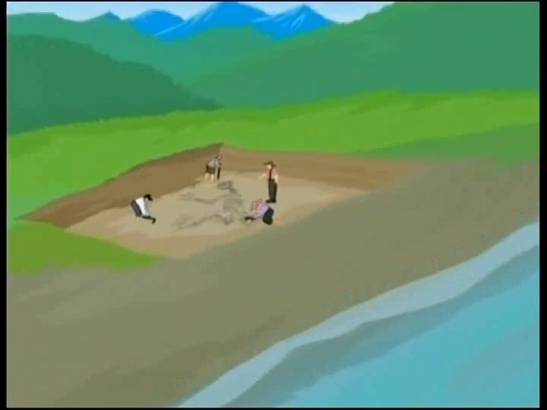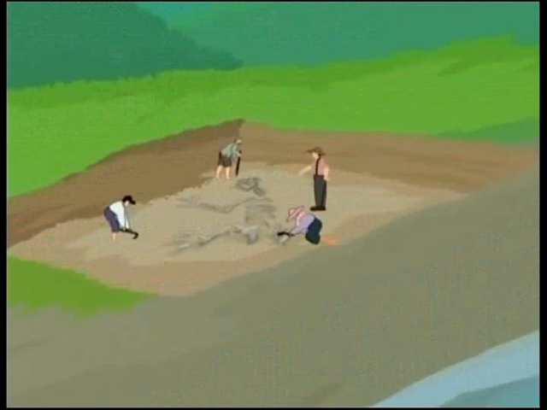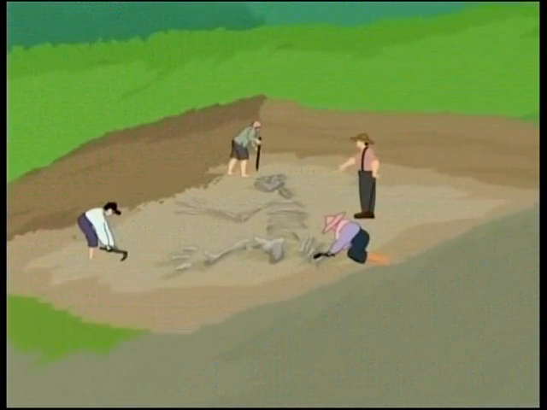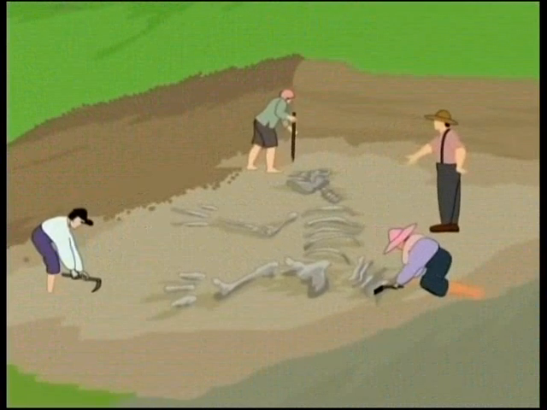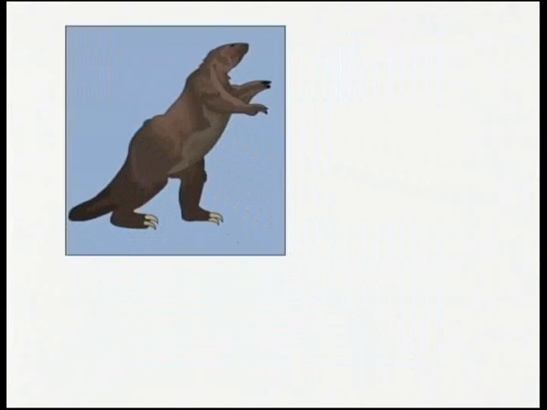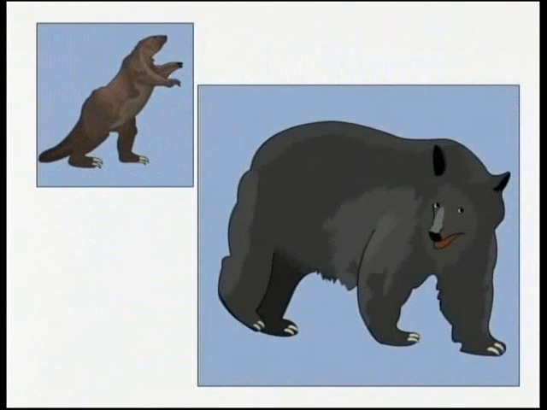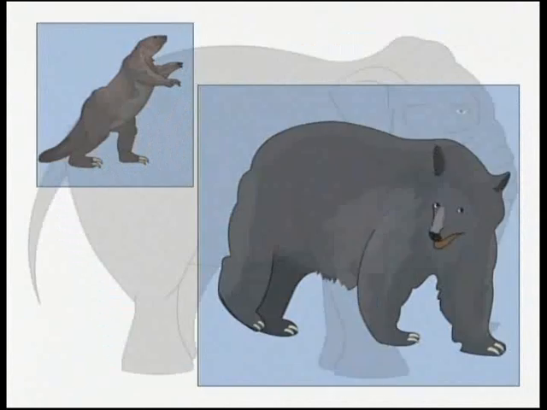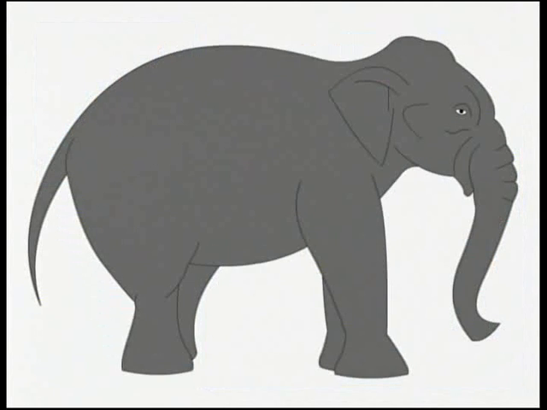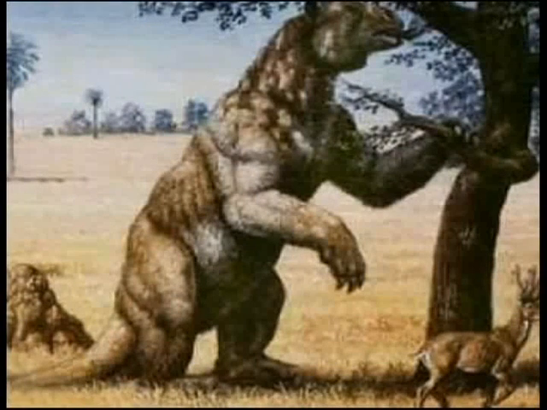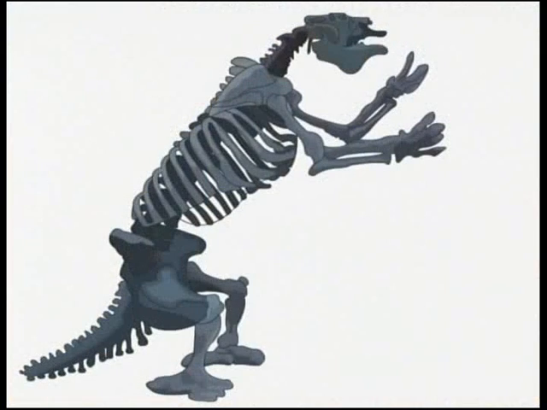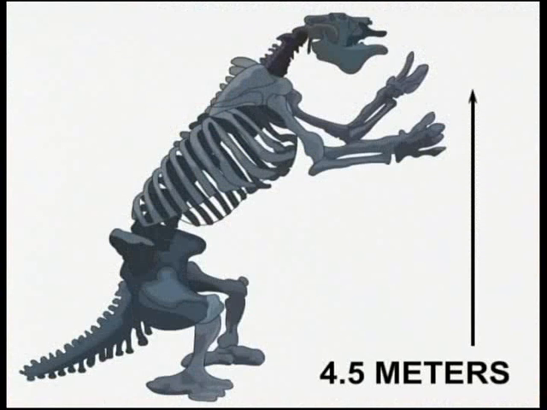It is interesting to know that in the year 1789, huge bones were dug out on a muddy river bank in the Argentinian Pampas. They belonged to a bear-like mammal, almost as big as an elephant. This beast had massive hooked claws, and when it stood on its hind legs, it would have been 4.5 meters in height.